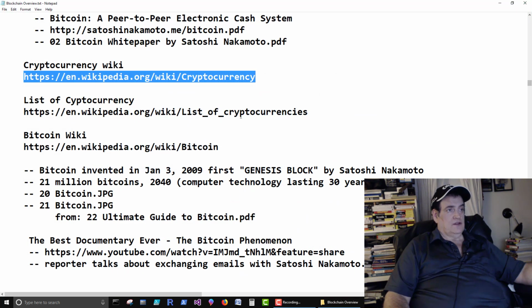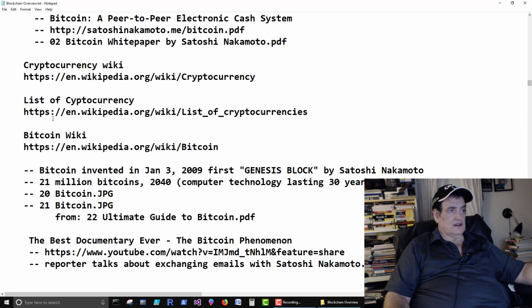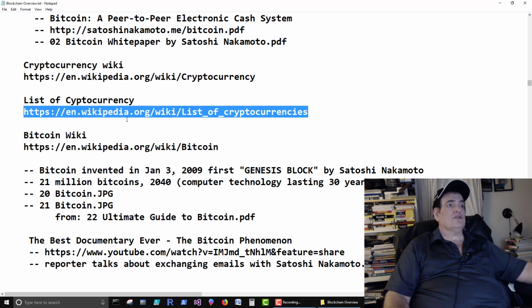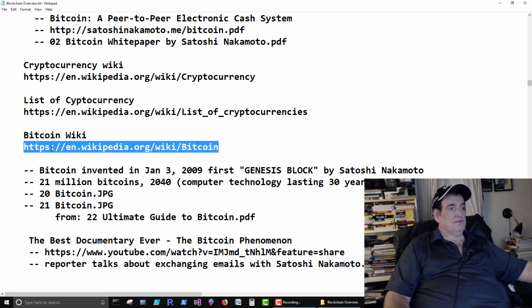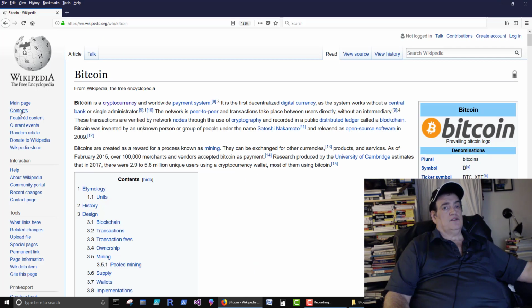Okay, so that was the next link here. List of cryptocurrencies. And then here's a Bitcoin wiki. It says here, Bitcoin is a cryptocurrency and worldwide payment system.